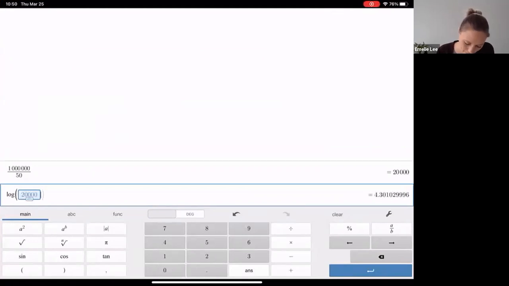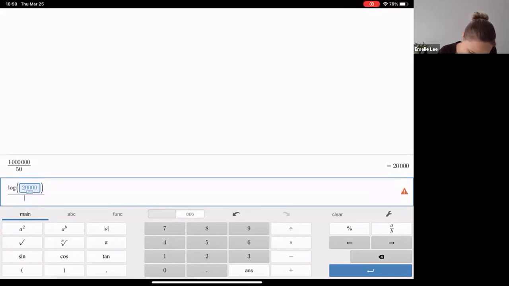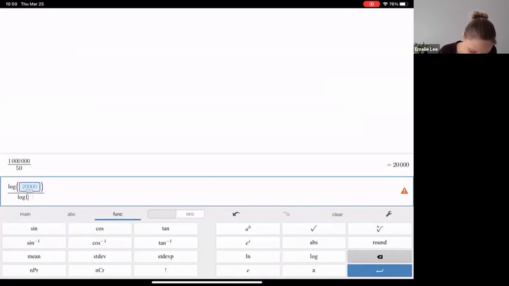Then I'm going to close that bracket, and divide by, again, the log of 2. Always make sure that it's behaving the way you need it to. Okay, so that's 14.2. And then I have to times that, so that previous answer times 3.